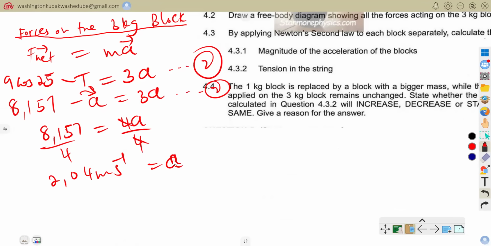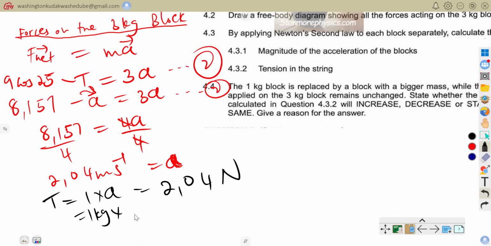But that is not what I'm looking for. I'm looking for tension. From equation 1, if we can remember, tension is equal to 1 times the acceleration. Therefore, this would be equal to 2.04 newtons, because we have 1 kg times 2.04 meters per second squared.